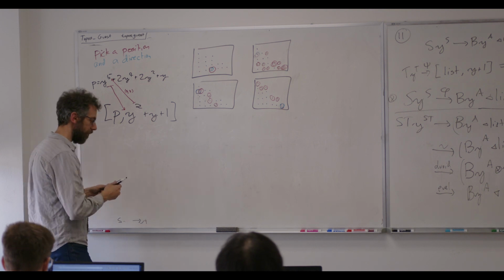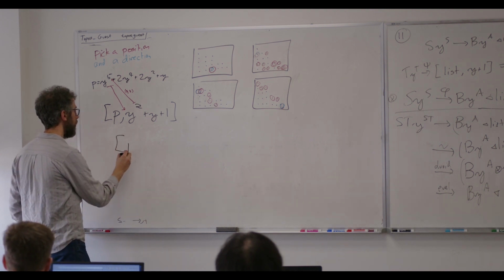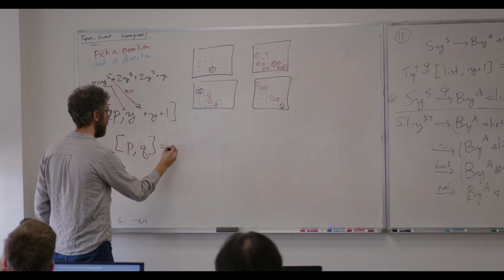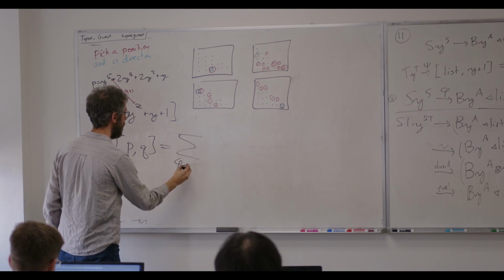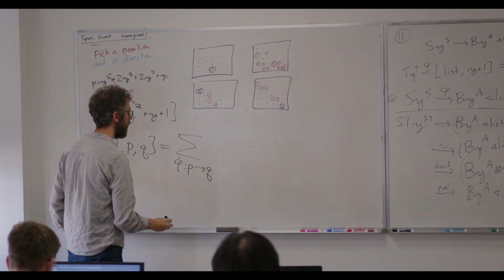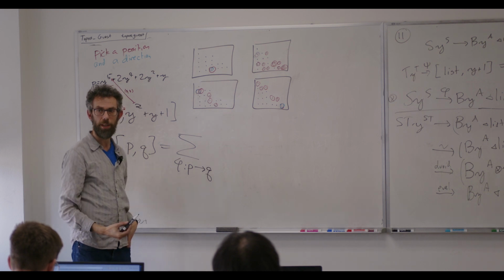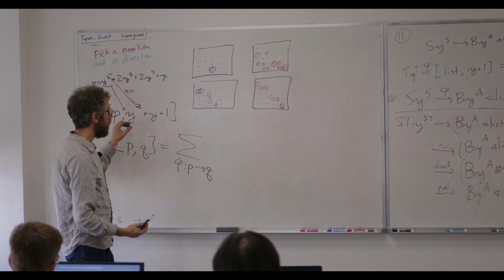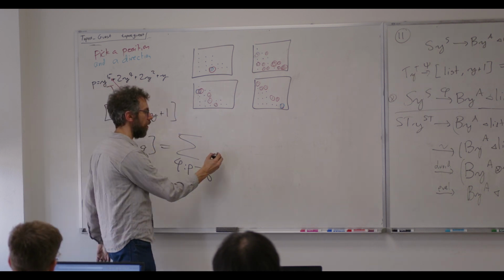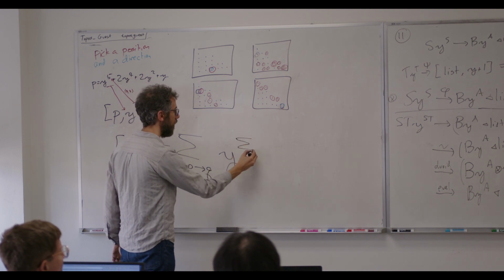Because for each of P and Q this is a sum: for every position in P, pick a position in Q, and for every direction there, pick a direction back home. So this is the red part, y to the sum.